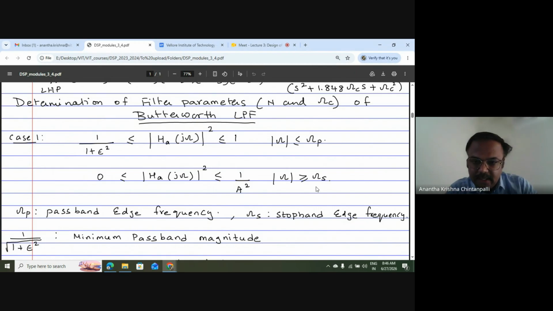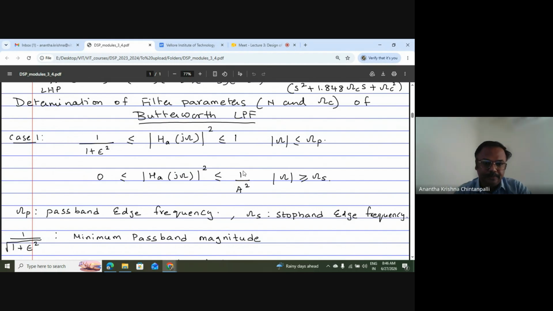In the stop band region, which is omega s rather, so this is the stop band edge frequency, mod of omega greater than or equal to omega s, in this range I want to make sure that the value is between 0 and 1 over A square. So these actual values would be decided by us as a designer. Okay, so this is your design specification given.